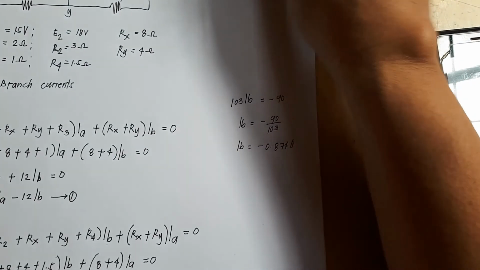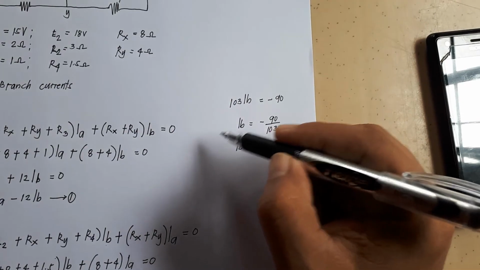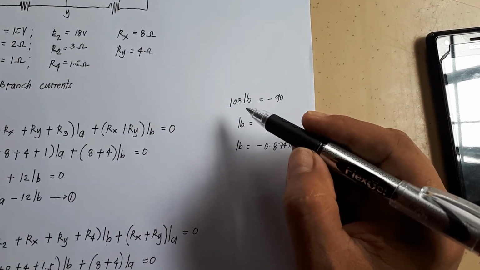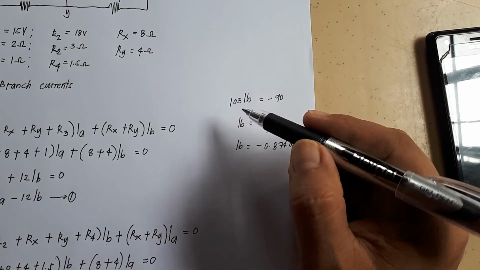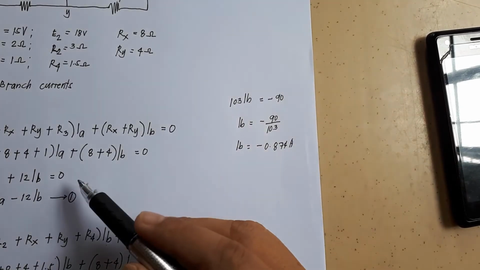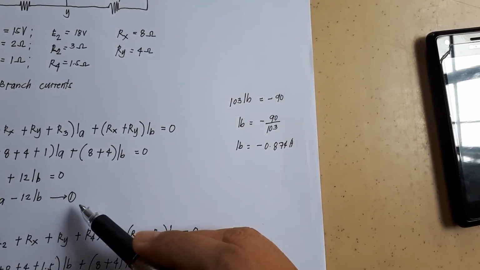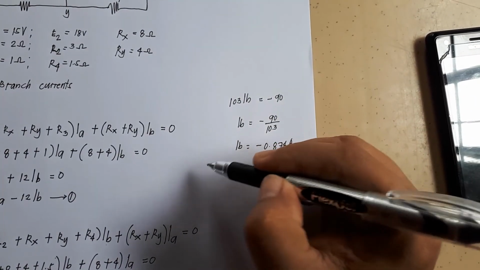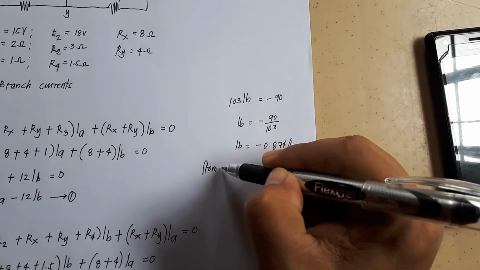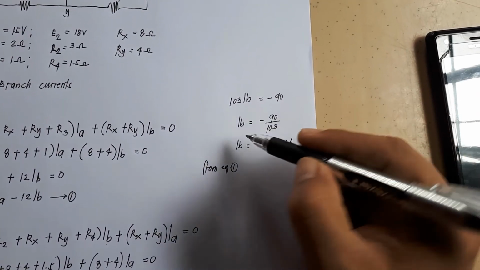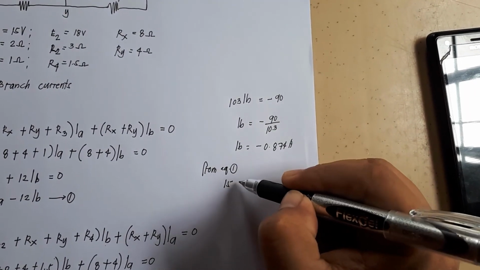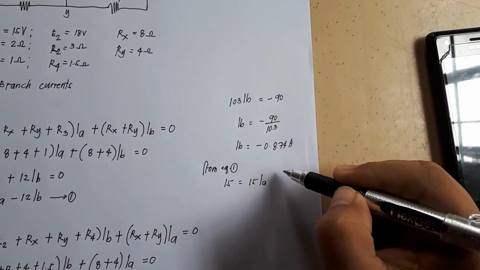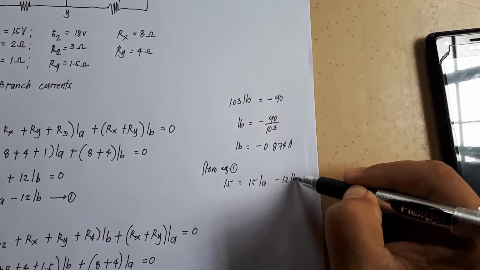Now what about the current IA? The current IA can be computed using either equation 1 or equation 2. So we can use equation number 1: 15 is equal to 15 IA minus 12 IB.